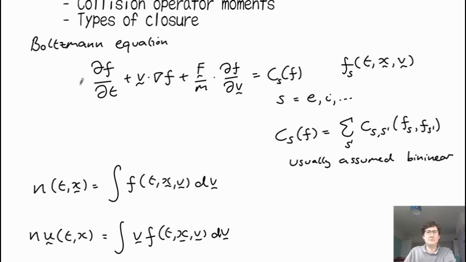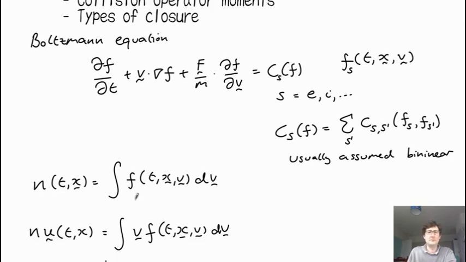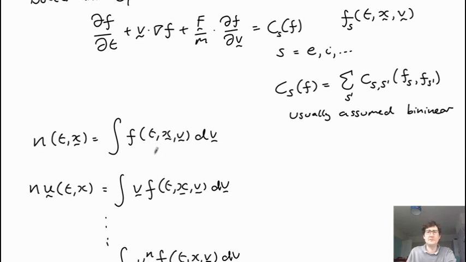Then when you multiply through by v to calculate the momentum equation, you need the time derivative of v times f, so you multiply through by v. Here you have a v squared, and that gives you v cubed in this advection term. This means every equation depends on the next equation, and so you need to close the set of equations somehow. There are various ways that this is done.